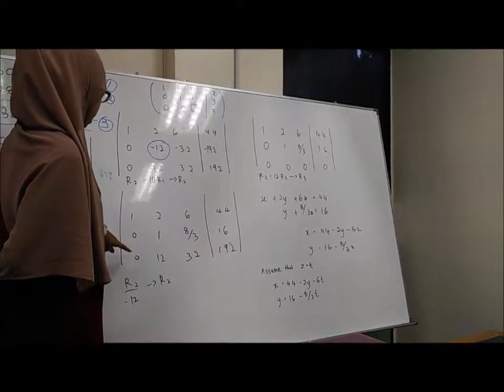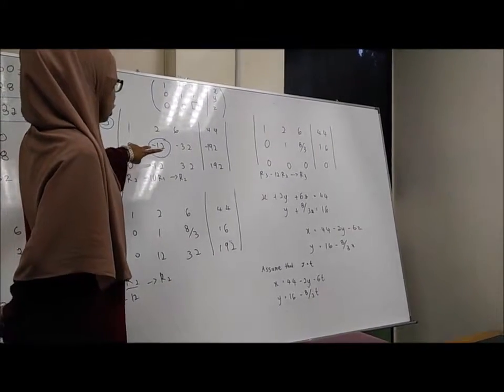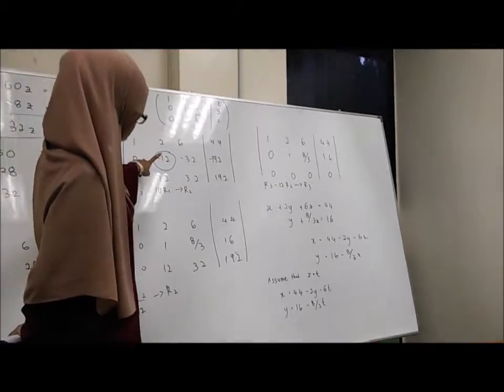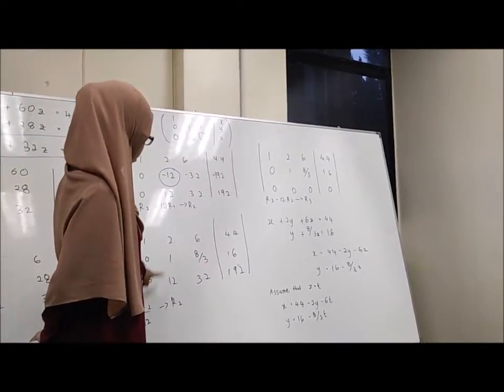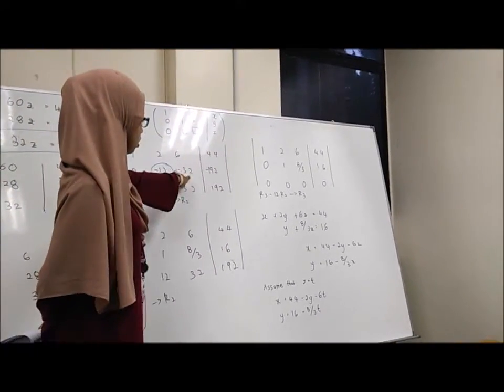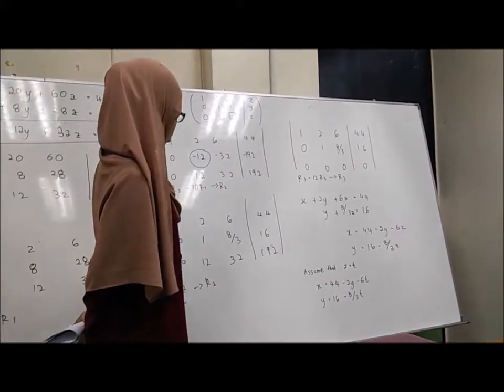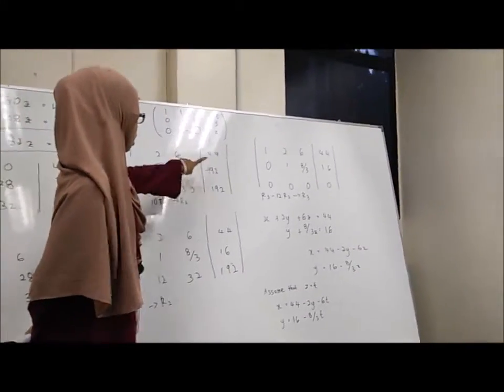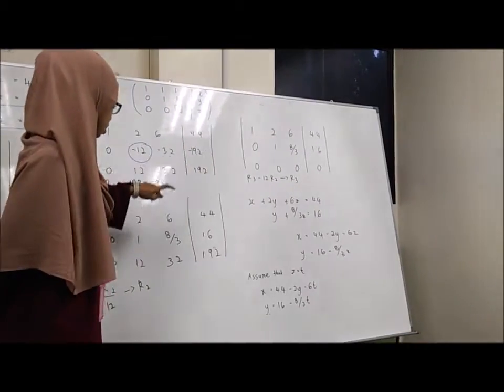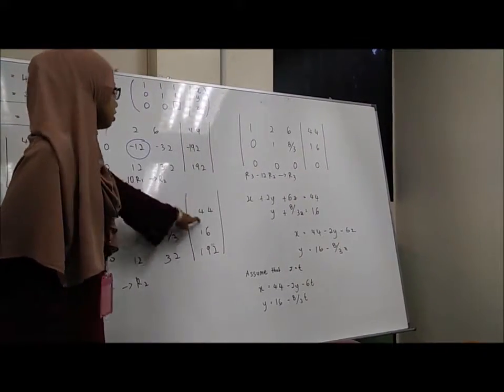So this negative 12 divided by negative 12, it will become 1. Same goes to this. Negative 32 divided by negative 12, you will get 8 over 3. Negative 192 divided by negative 12, we will get 16.